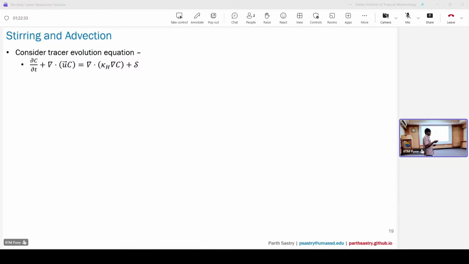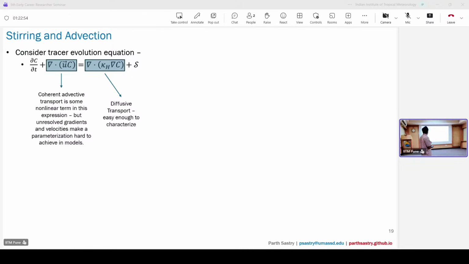To use this data set, we're going to go back to the tracer evolution equation that looks something like this. The tracer tendency relates to the advective tendency, to the diffusive tendency, and to sources and sinks of tracers. The diffusive transport is easy. We already have maps of kappa H, and we already have the gradients of these tracers from climatology, so you can compute this.